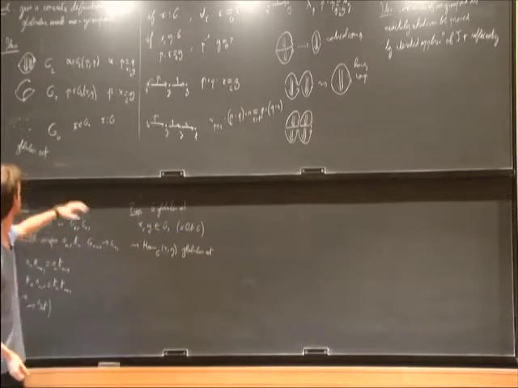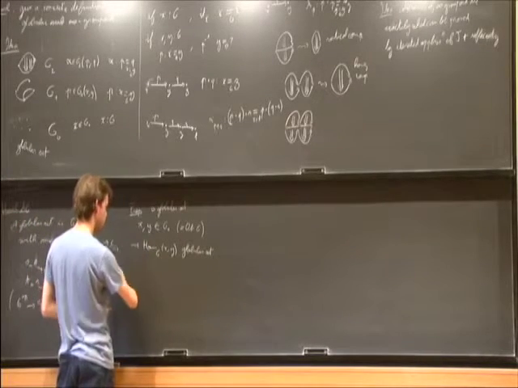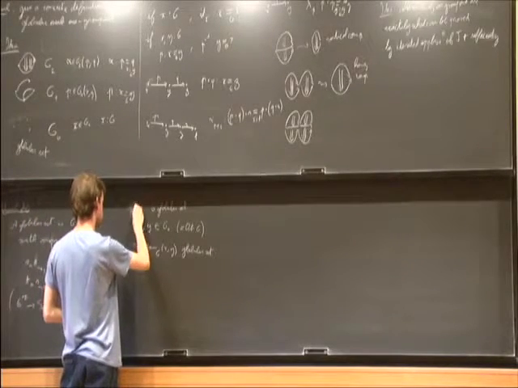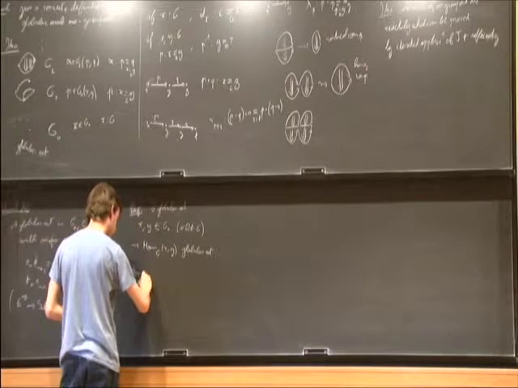So given any two objects, there is a globular set of morphisms between the two objects. That's easy to define.